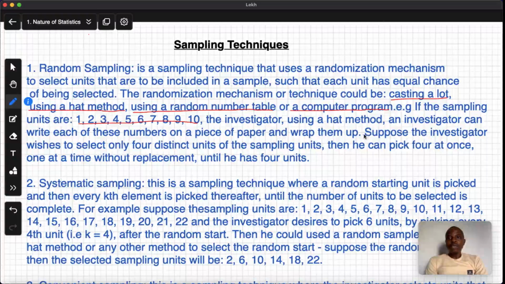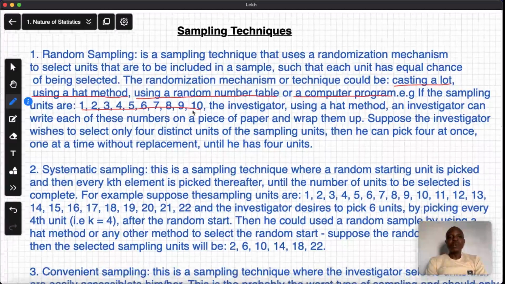And then he, or somebody else, may pick 4 different papers from the hat. It may be done at once or one at a time until he has 4 units. And when that is done, he may begin to open them. Now, he may have any 4 of the units. So that means that you are giving equal chance of selection to all the 10 units, but you only pick 4.